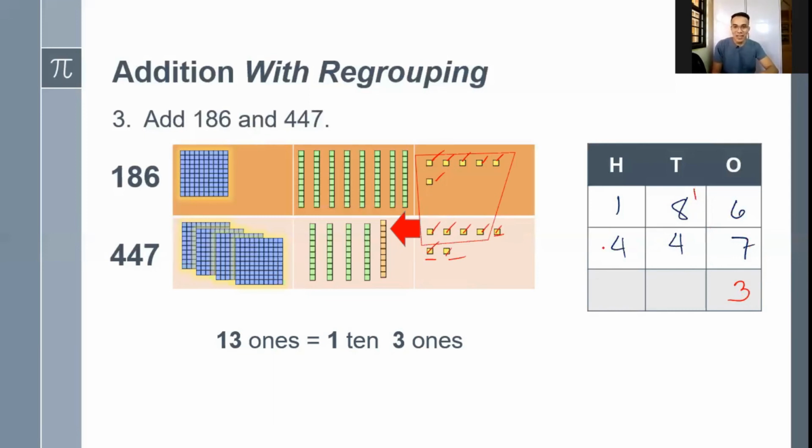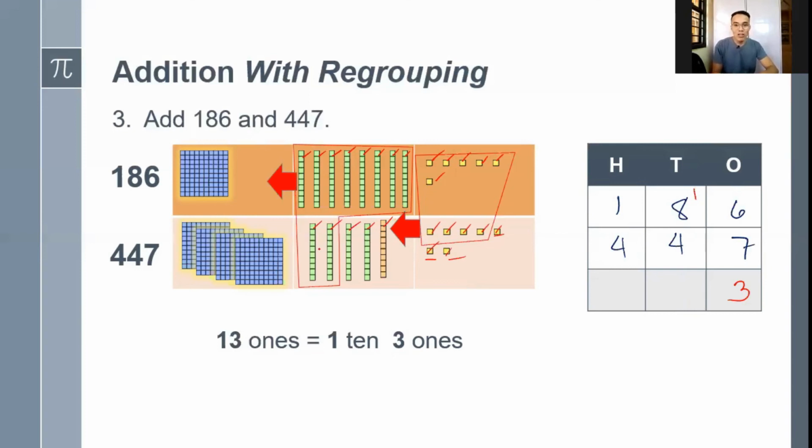Let's have the tens. 8 tens, 4 tens, and we have one more ten. Let's count how many tens there are in the tens column. 1, 2, 3, 4, 5, 6, 7, 8, 9, 10, 11, 12, 13. There are 13 tens, but we're not allowed to write the number 13 here. So what do we do? We regroup 10 tens.